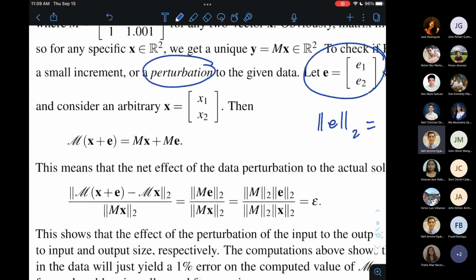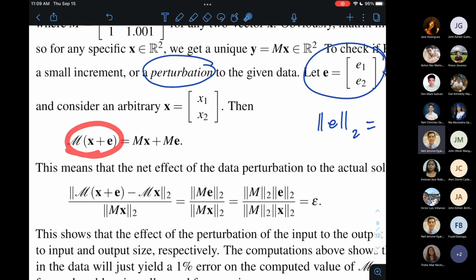Now, titingnan natin ano yung epekto niya pag yung data ay na-influence na ng noise. So instead of just computing Mx, titingnan natin ano yung itsura ng M of x plus the noise. Kasi titingnan natin what's the effect of the noise to the output dito sa forward problem.